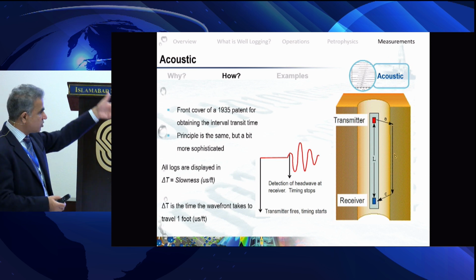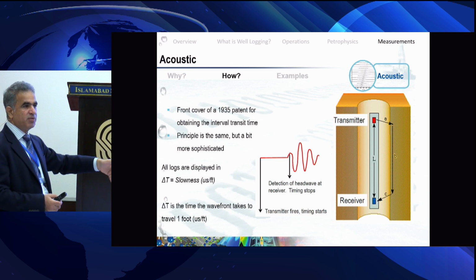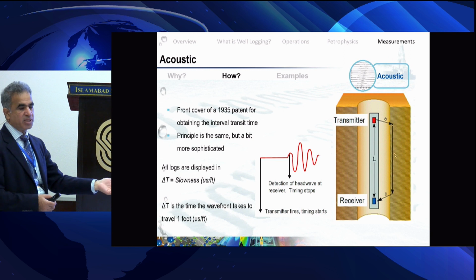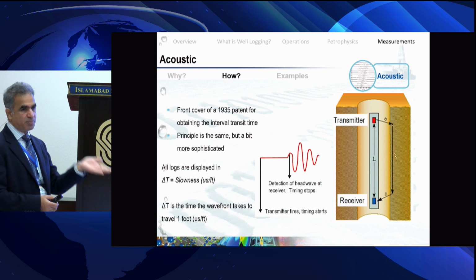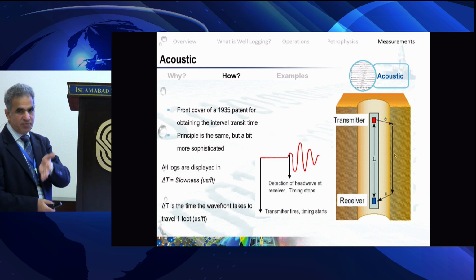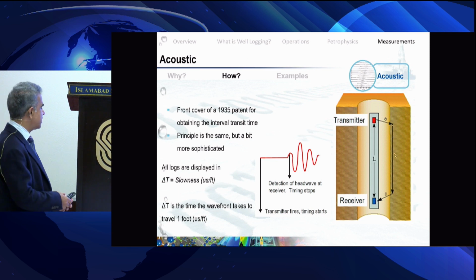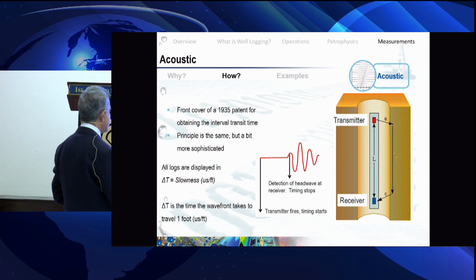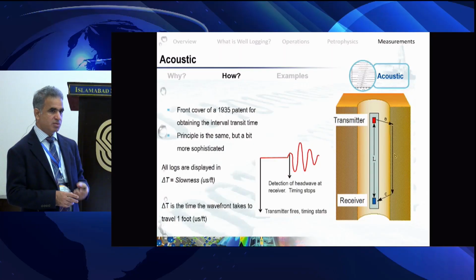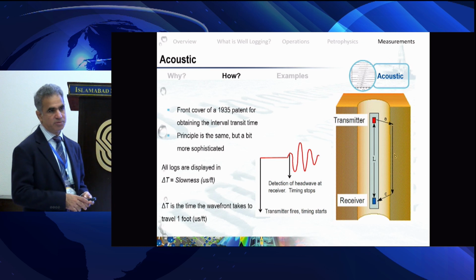When it goes into the formation, certain formations will slow it down, certain formations will not, and that's a property of that formation and the fluid inside. So that's why this transit time will vary accordingly. Delta T is the time the wavefront took to travel 1 foot, so that's why we present delta T in microseconds per foot. This is the unit we use.